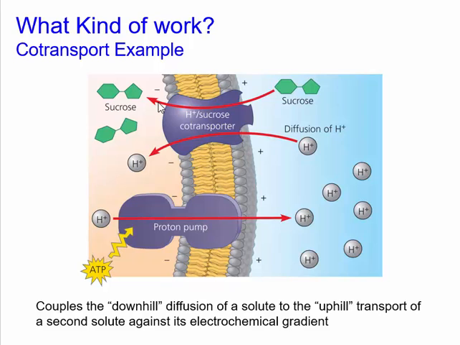So this is active transport over here, and it's using the energy from this hydrogen ion gradient. So we're pumping hydrogens to then move them back in with sucrose against its concentration gradient. So this is an example of co-transport. You need to first get the hydrogens out, and then the second part of this is moving them down their gradient, using that potential energy to move sucrose into the cell.